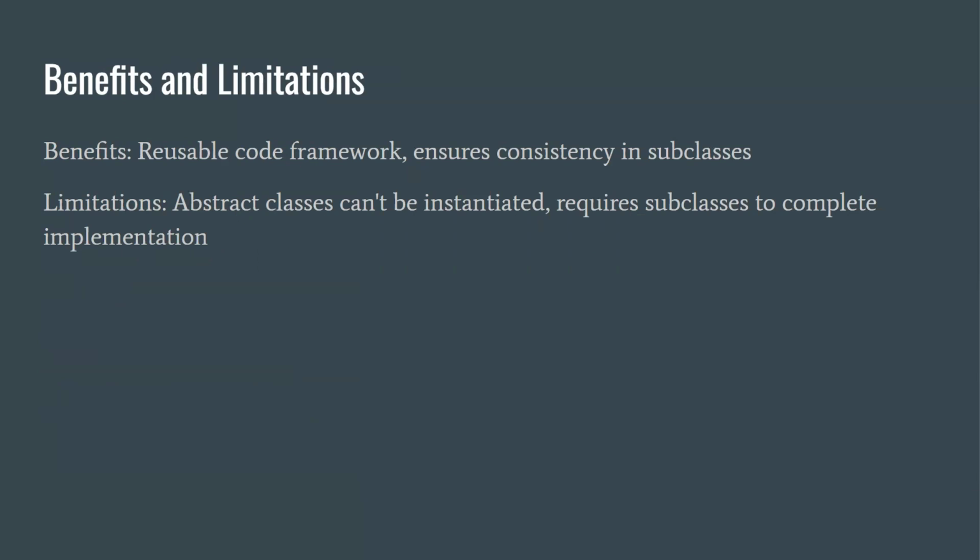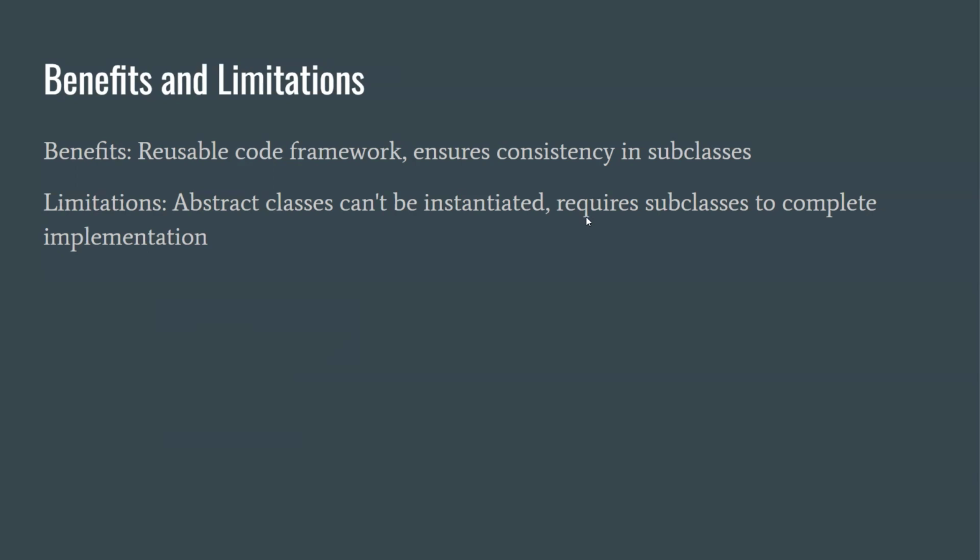Benefits and limitations. So using abstract classes offers significant benefits, including code reusability and enforcement of a consistent interface in subclasses. However, there are limitations. So for example, abstract classes on its own cannot be instantiated directly.